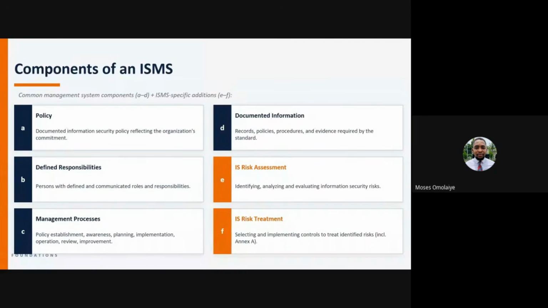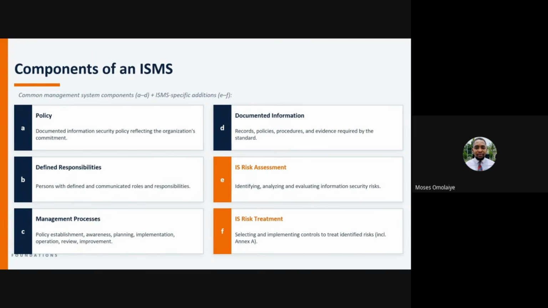That's a management process. And then there's no implementation without management. And then operating the ISMS, then review and improvement. So the number one thing we need when running an ISMS is management backing. So that must be there.